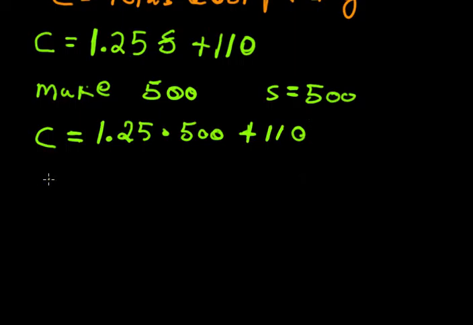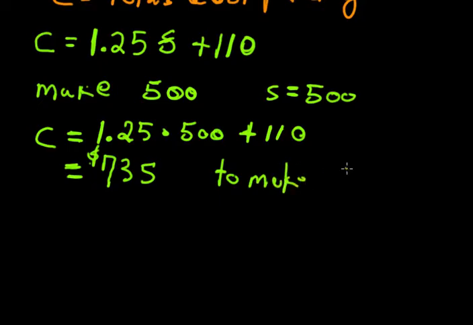And that's going to give me, let's see, 5 times 12, 6. So let me get my calculator out here. And so we get a total of $735 to make 500 staplers.